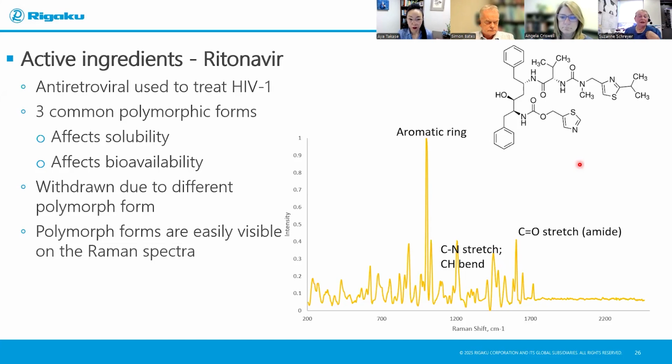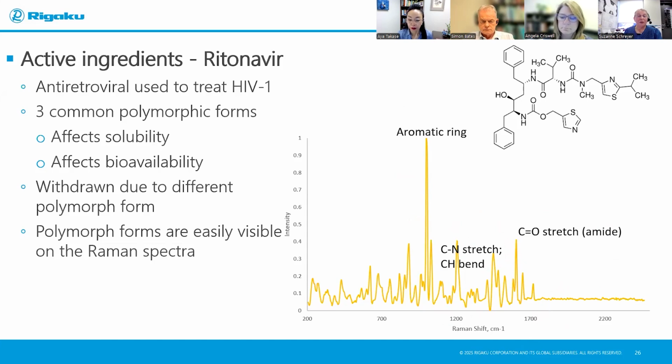In this case, the correct polymorph forms are very easily visible on a Raman spectra. In this case, we're specifically looking at the aromatic ring bend here, and there's a CN stretch, CH bend, and there's an amide stretch that's over at this end.